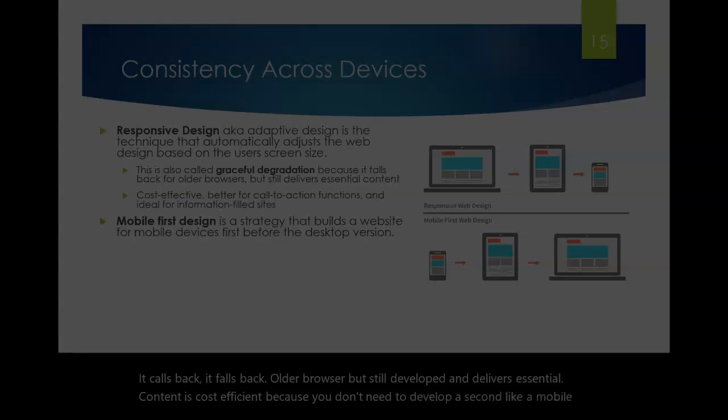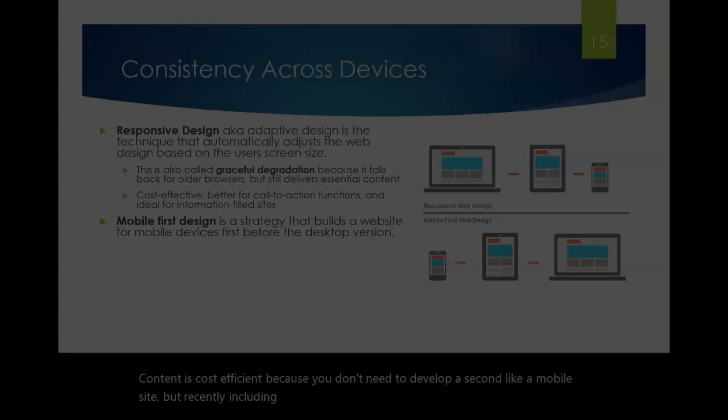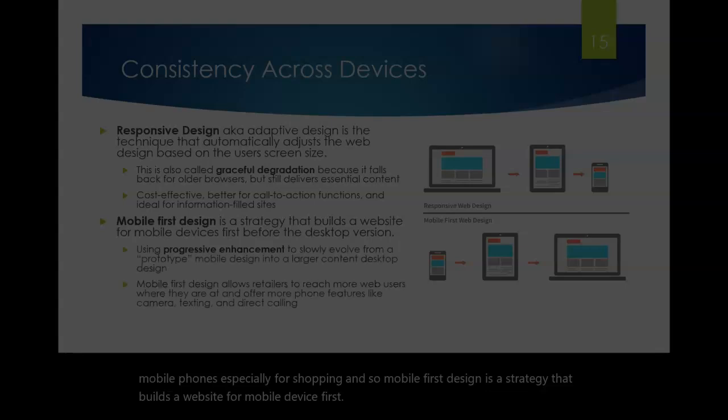But recently, including Google, prioritized more mobile-first design because according to study, most people now spend time access internet through their mobile phones, especially for shopping. And so mobile-first design is a strategy that builds a website for mobile device first before their desktop version.